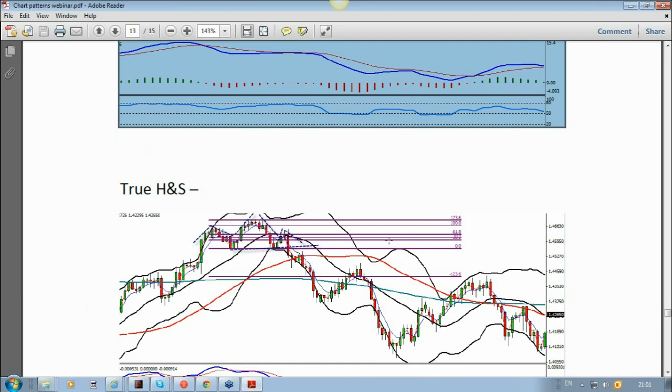Now, this is a true head and shoulders. We count the shoulder, you see. This is 123.6. It was blocked here. Then look what happened.